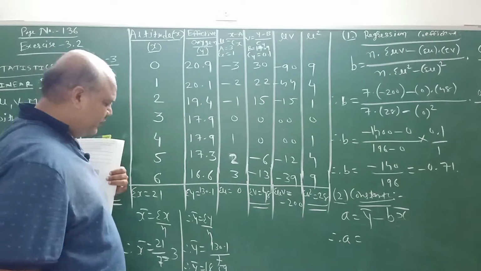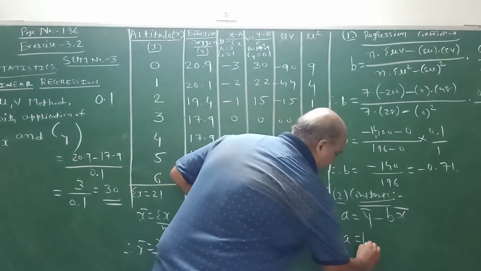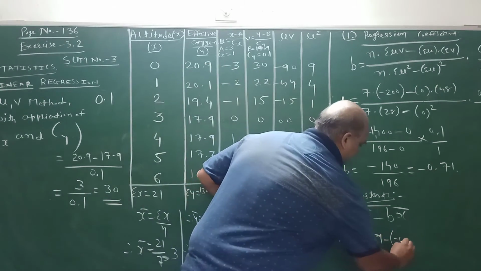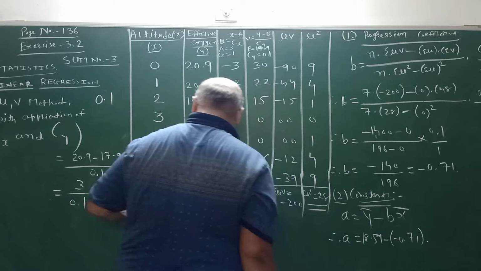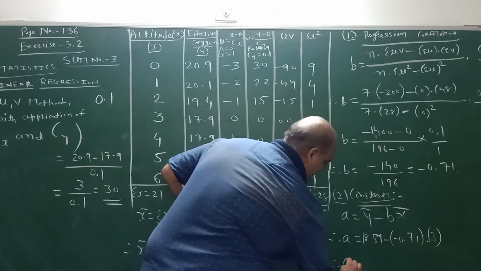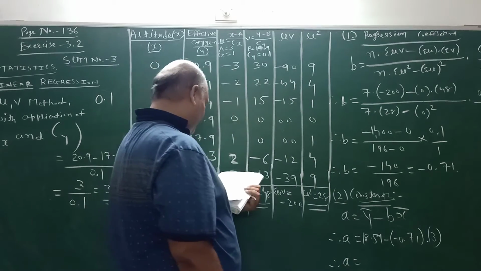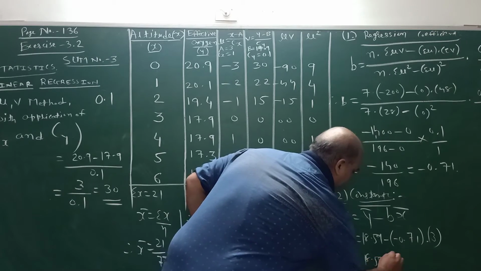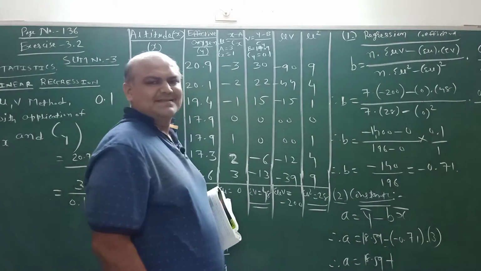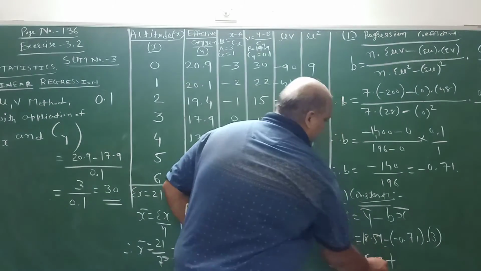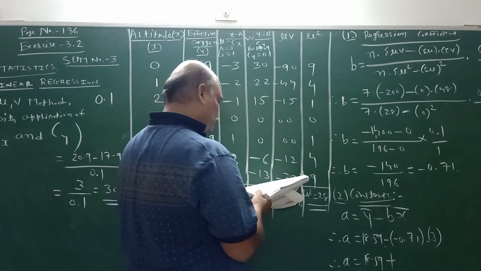We put the value 18.59 for y bar, minus b is minus minus 0.71, and x bar is 3. So 18.59 plus 0.71 into 3, that is 2.13.